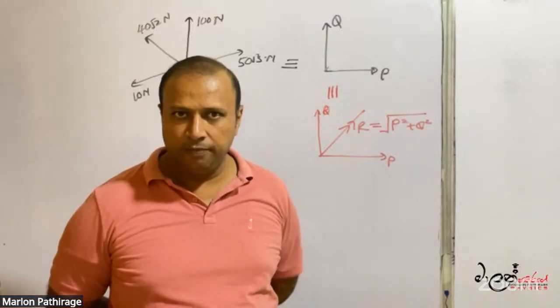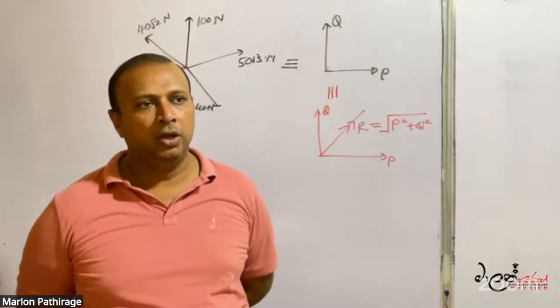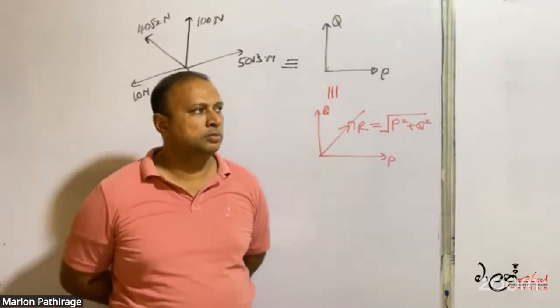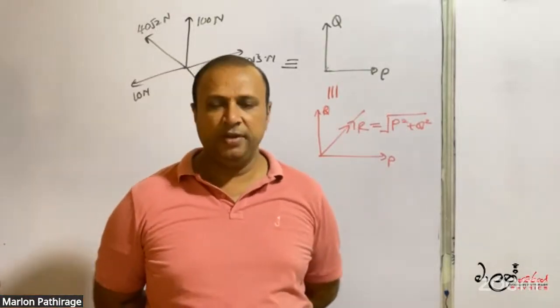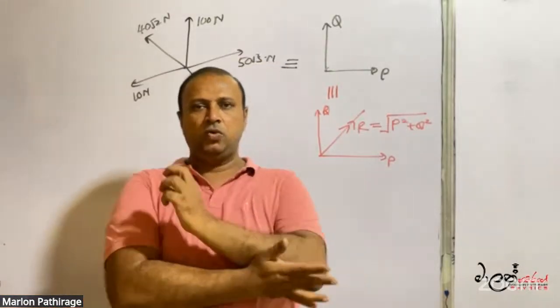We know how to take the resultant vector of two given vectors.